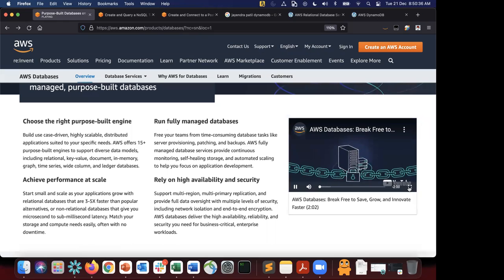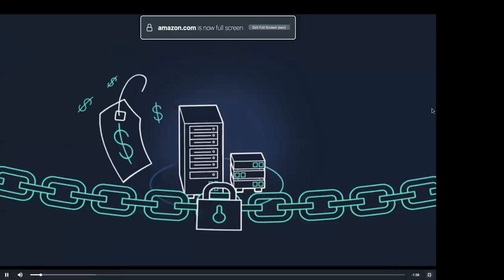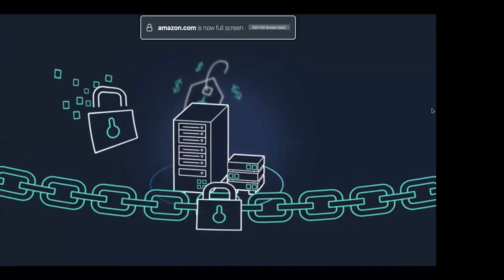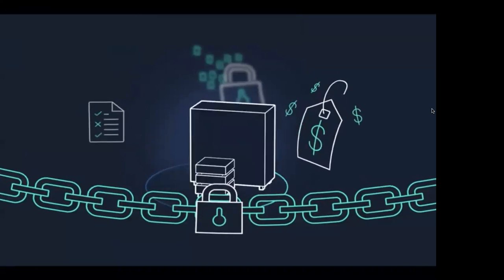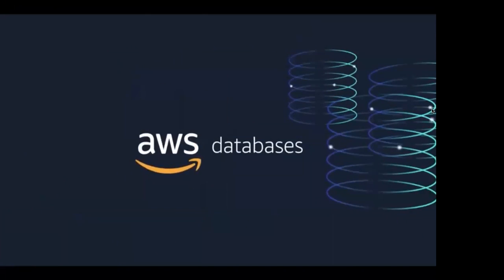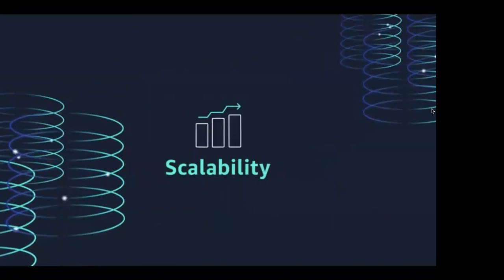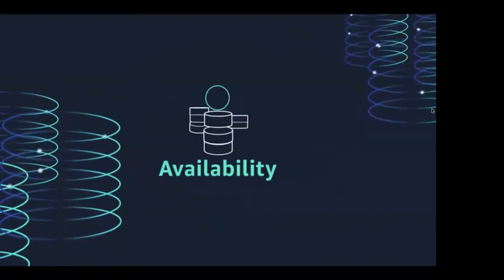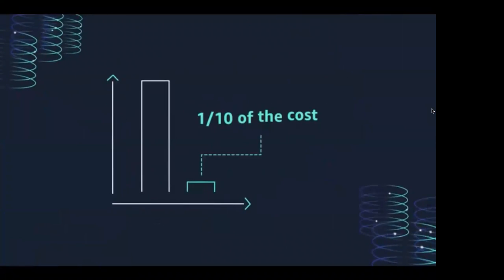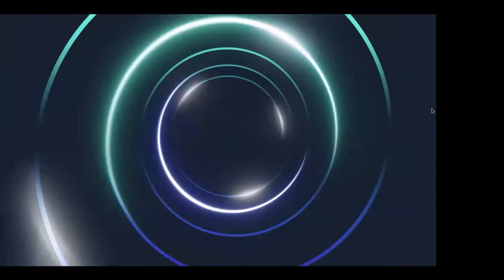Feeling stuck to your old guard database provider with big price tags, high lock-in, and punitive licensing terms? Break free with AWS databases, which give you the scalability, performance, and availability of commercial-grade databases at 1/10 the cost.